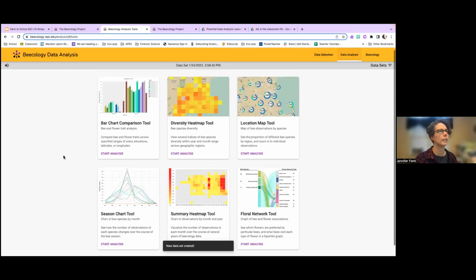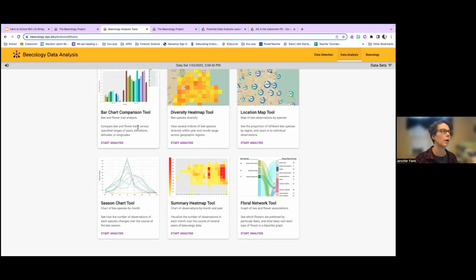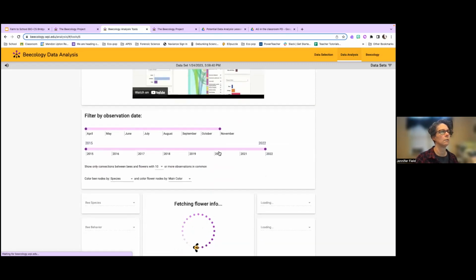We can analyze this set by location or heat map or anything, seasonal, floral network, which is always tons of fun, because that'll give you which bees you can limit by date. This will help you make your own pollinator garden, by which months you want.